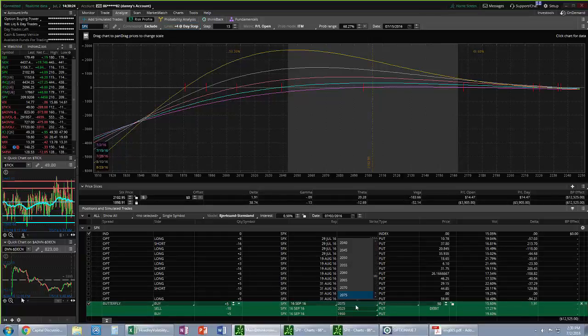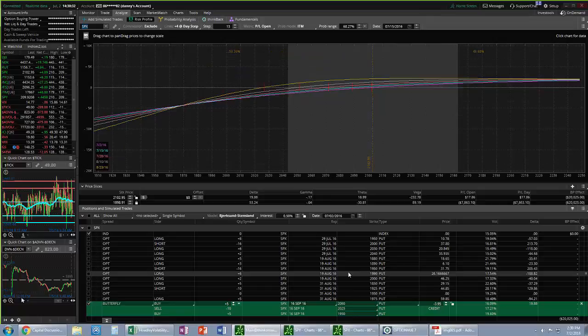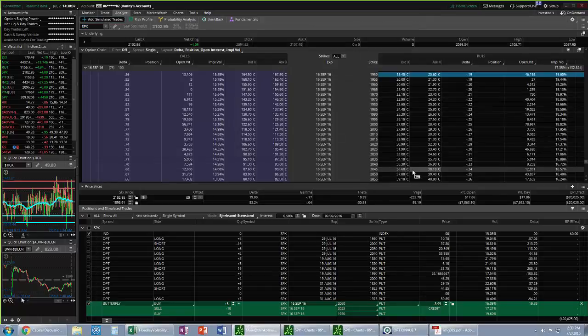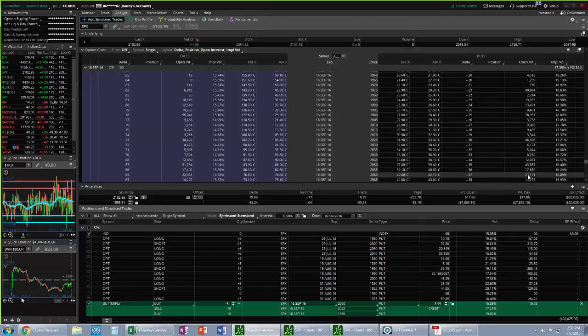Now let's kind of change this up and do one more. And let's try instead the 2060 for the upper long. It's fairly liquid. It's got 23,000 open interest, and we're going to keep our 2025 short.